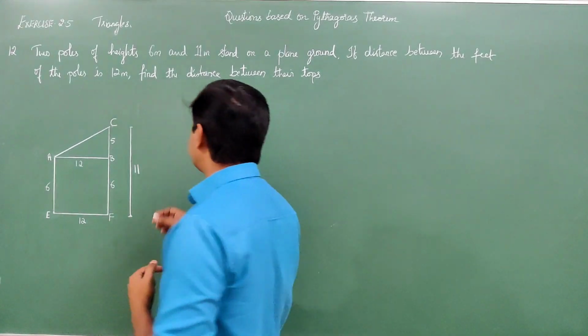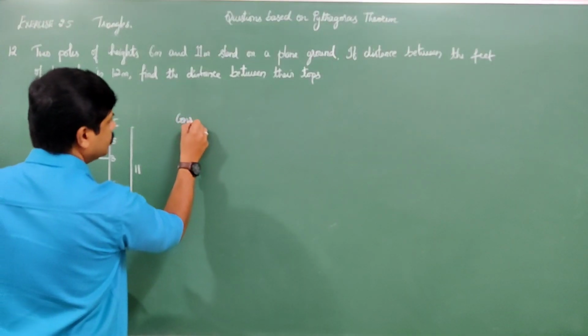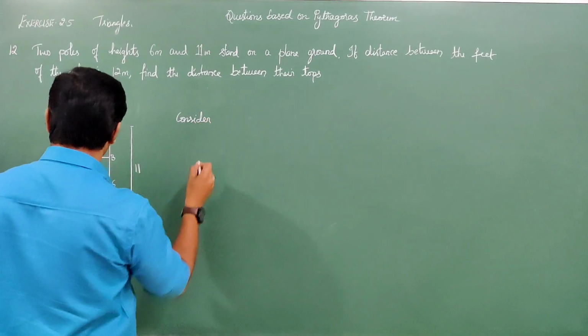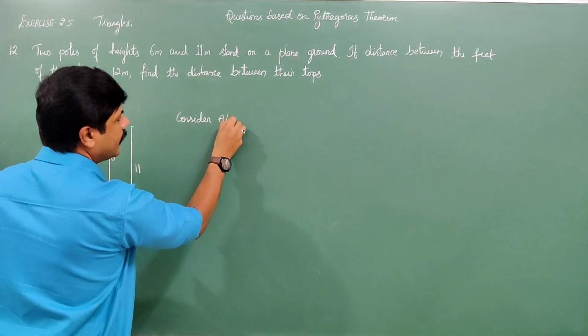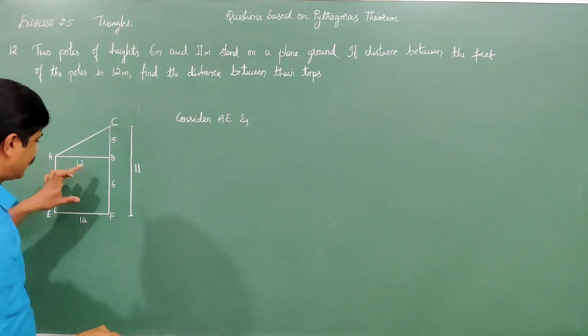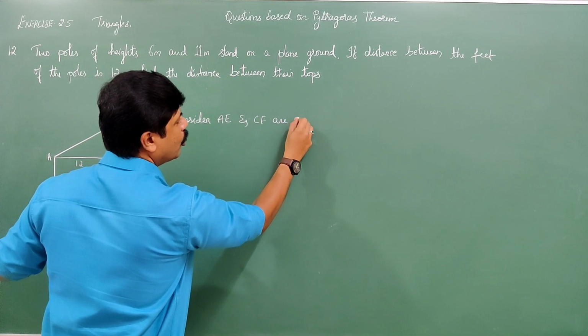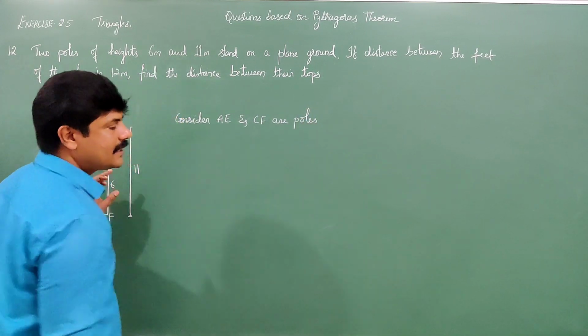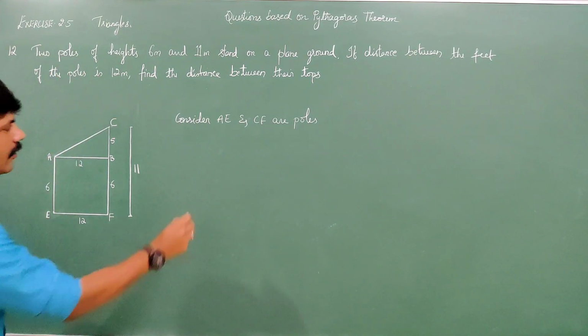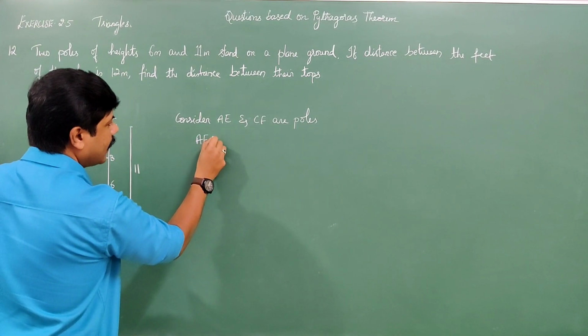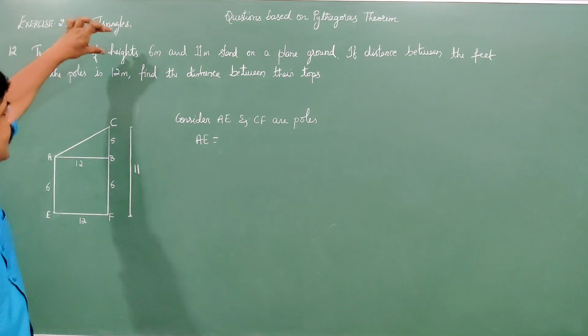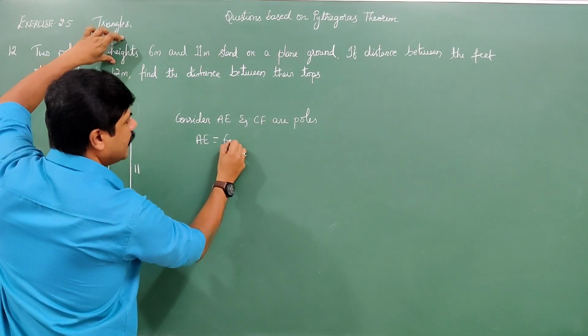Consider here, AE and CF are poles, where AE height is 6 meter.